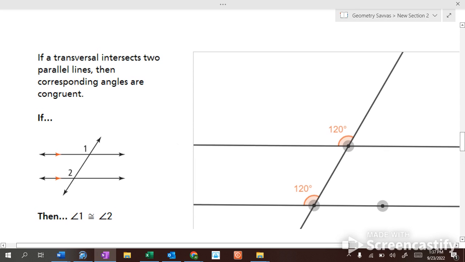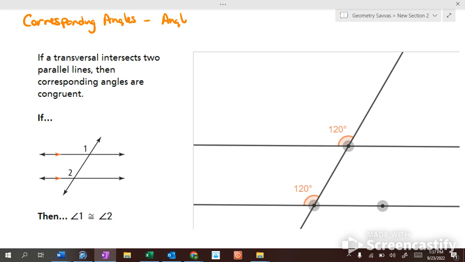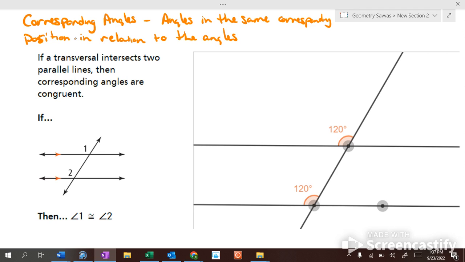The next angles that we'll talk about are corresponding angles. Those are angles in the same corresponding position in relation to the intersections.